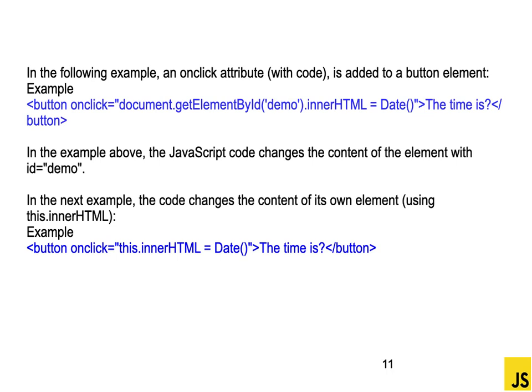This represents the current HTML element. this.innerHTML is equal to Date. Again the system function Date is invoked here. Before clicking on that particular button, the button label will be The time is. On clicking that button, the date value will appear on the button. This is how this particular code executes.